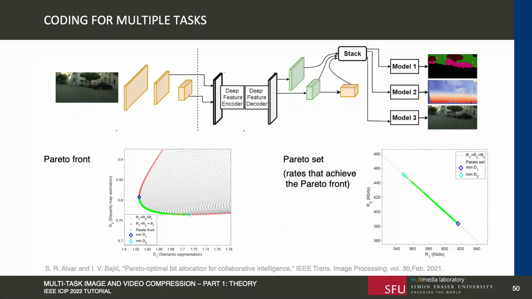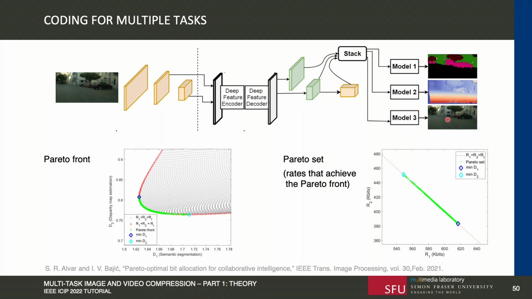So let's look at a practical illustration of the previous result. Here we will focus on the following multitask model that's been trained on the Cityscapes dataset. What the model is trying to do is to predict semantic segmentation and depth estimation from an input image. And we also added a third task of input reconstruction.